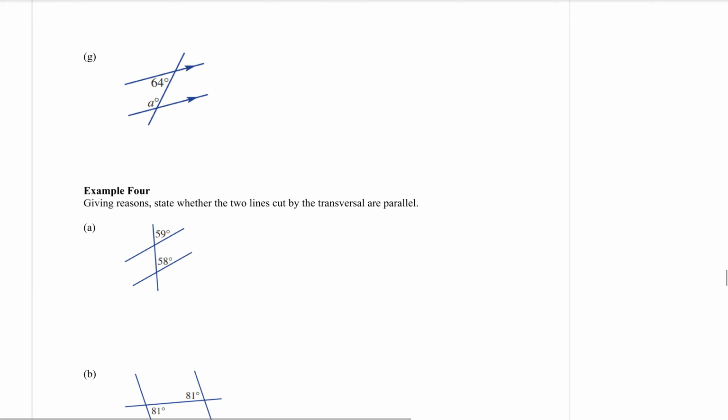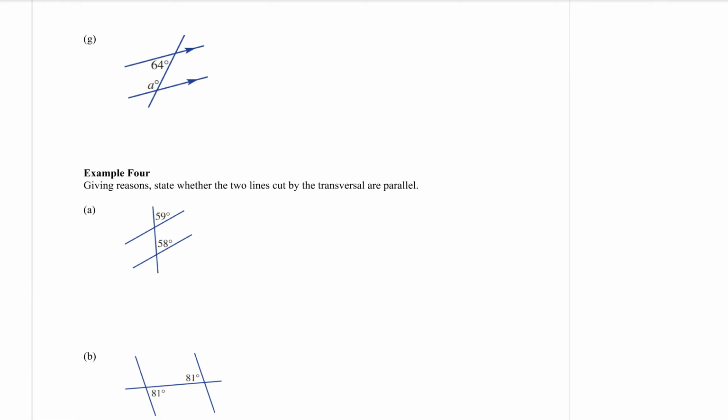And G on the next page. Finding A, draw the arms around there. We've got a C shape, which means co-interior again, so they add to 180. The A plus the 64 is equal to 180 degrees. Write the reason down: co-interior, which we shorten to co-int.